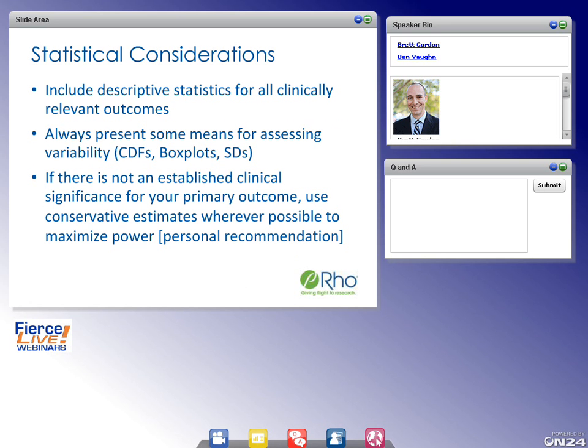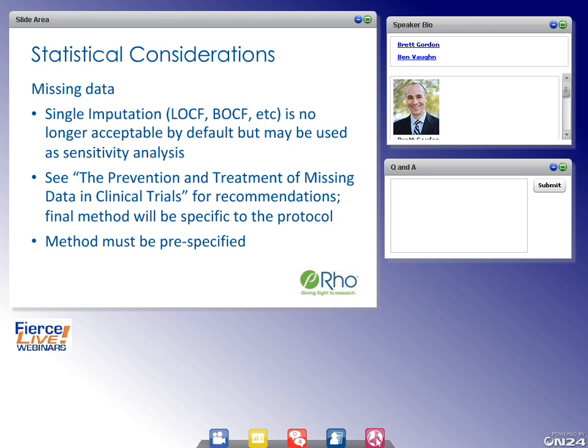But if you just use the most conservative possible at every point, it'll get you to a believable yet larger sample size, which gives you greater statistical power and a greater likelihood of actually having a significant outcome. Again, be perfectly honest about this. Don't try to deceive the FDA, but you can sneak it by. The reason for this is just that the cost of a failed trial is far, far, far greater than adding a few more subjects to a given clinical trial.